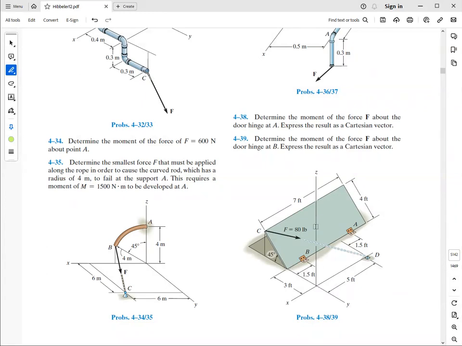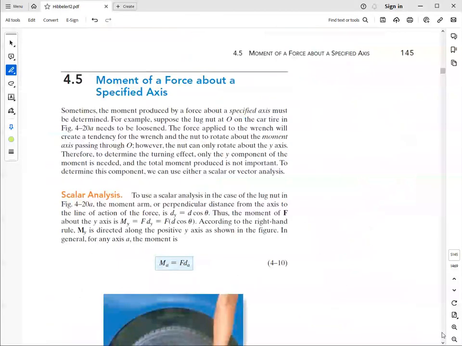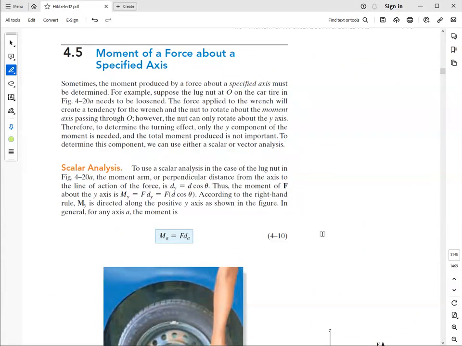The door is in a horizontal plane, has weight, and you want to hold it partially open. So you'd be interested in knowing the moment of this force about the line AB, which is the line of the hinges.